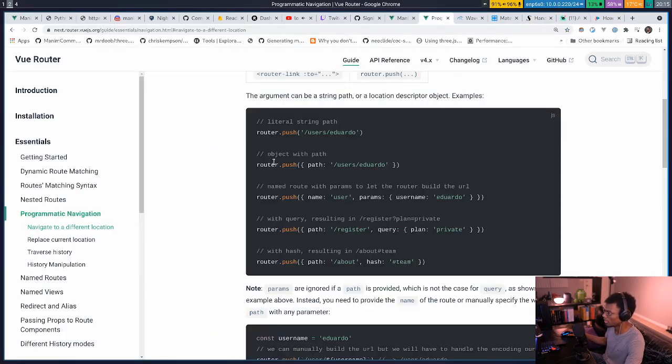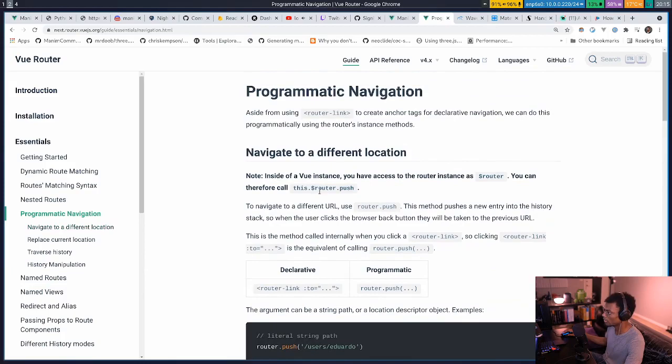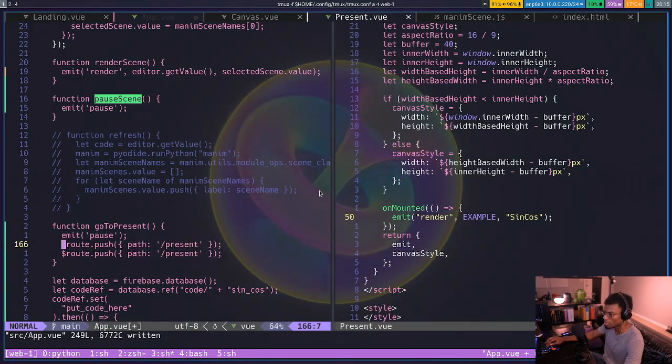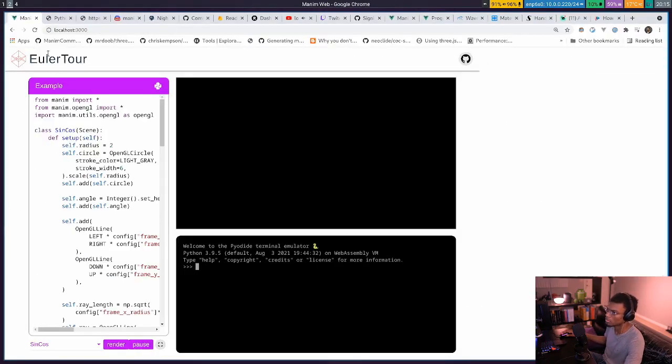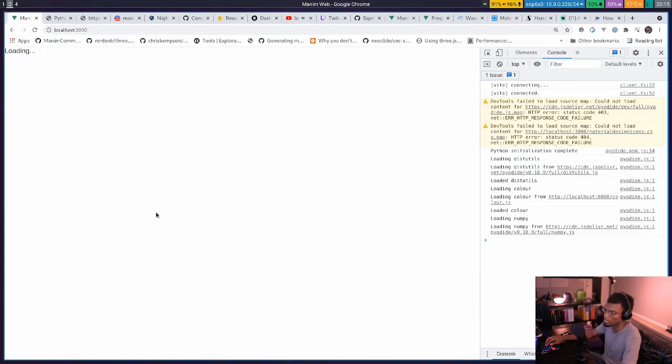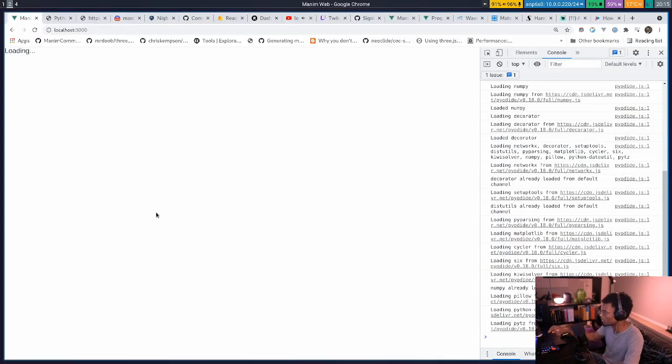Did I just misread that? No, this has router. Check $route, and then check this.$route. I shouldn't be pushing, I should just be logging them.